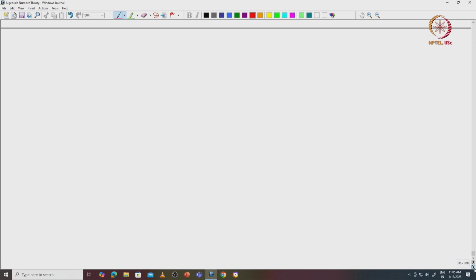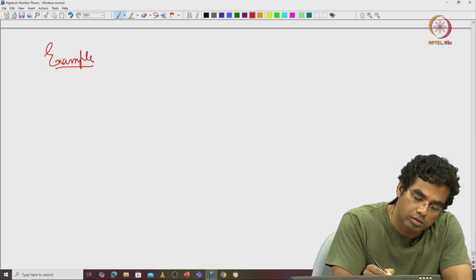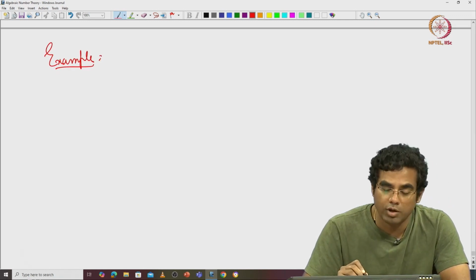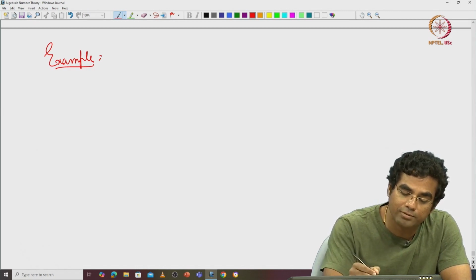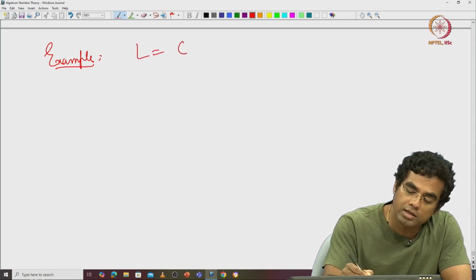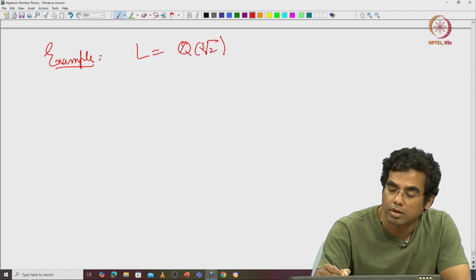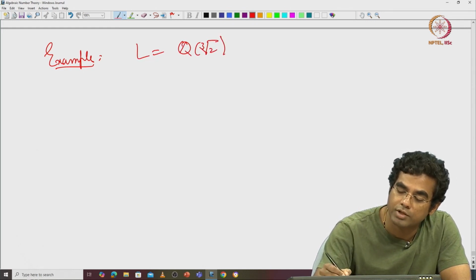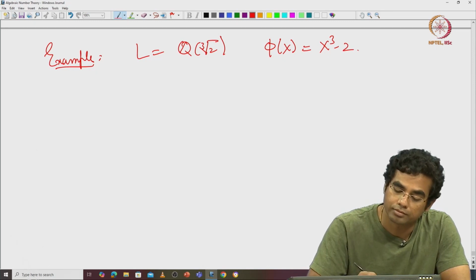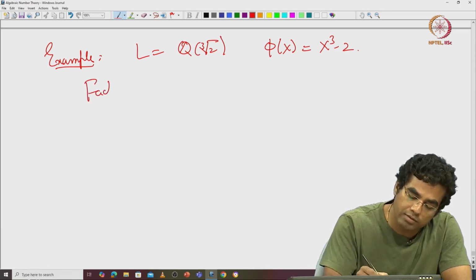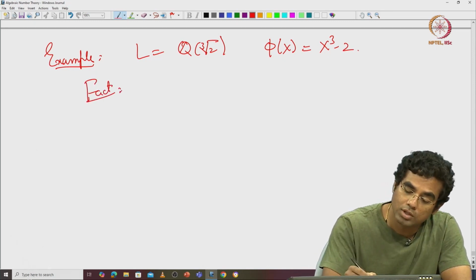So, let me do one more example of a cubic field, but I'll state some facts. So, L is Q(cube root of 2), right. So, the minimal polynomial of this is x cubed minus 2, and here is a fact which I am pretty sure is true.